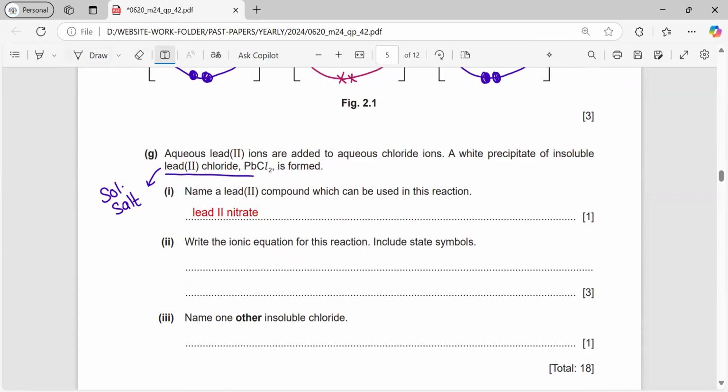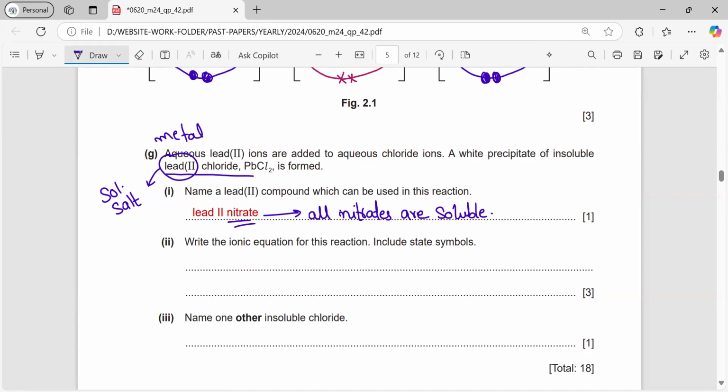Very easily we can write nitrate because all nitrates are soluble. So you can write nitrate with the metal. All nitrates are soluble. So that's a simple trick that if you want to prepare an insoluble salt, then with lead or with any metal, you can write nitrate because it's soluble.